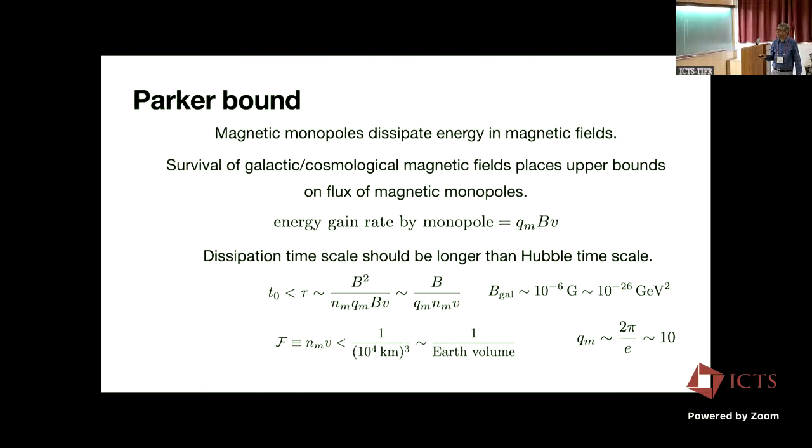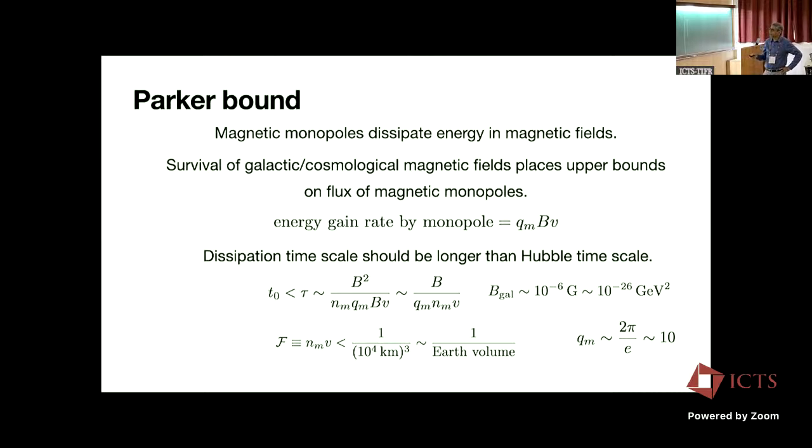So t0 has to be less than tau, and tau is basically the energy density in the magnetic field, which is B squared, divided by the number density of monopoles and the rate at which the monopoles are eating the energy. And so this turns out to be B Q_M n_M v. And this B we can take to be the galactic field, which is 10 to the minus 6 Gauss, or in particle physics units, 10 to the minus 26 GeV squared.